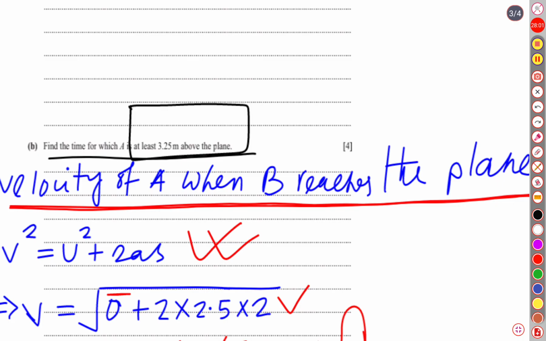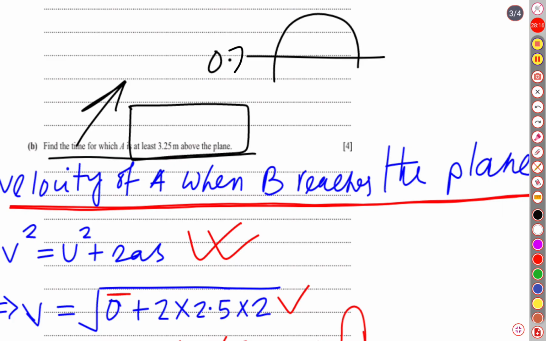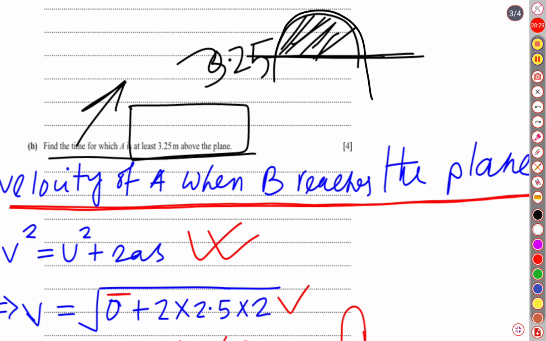Actually, the question should say the duration. Instead of time, they could have written: find the duration for which A is above this height. Here is 3.25, and this is the 3.25 reference line. They have told us to find this because the particle was going up and coming downward.